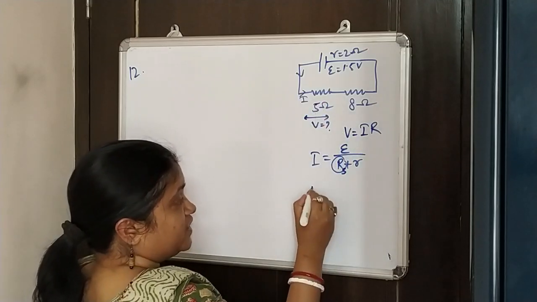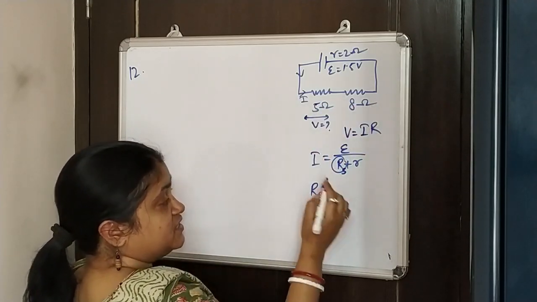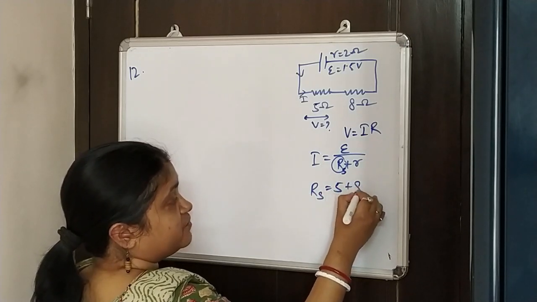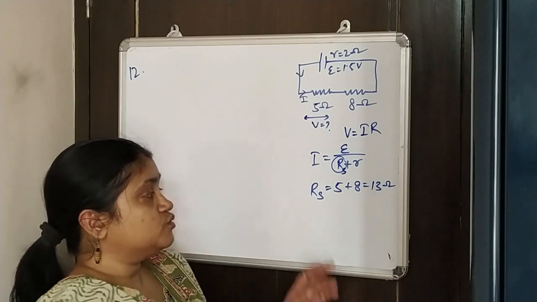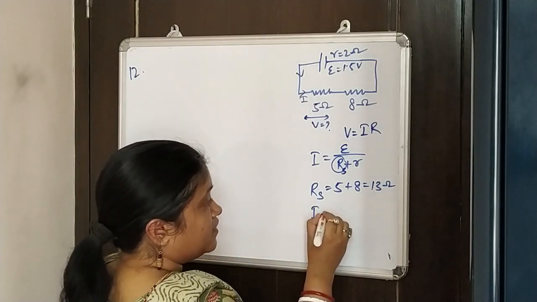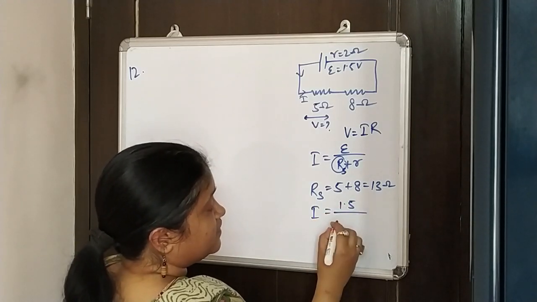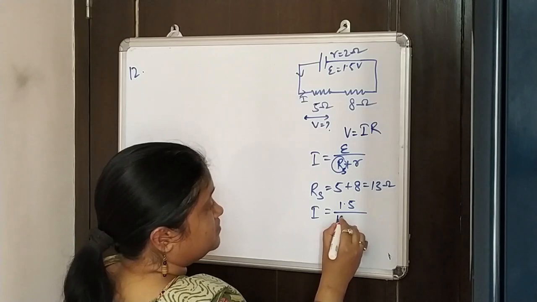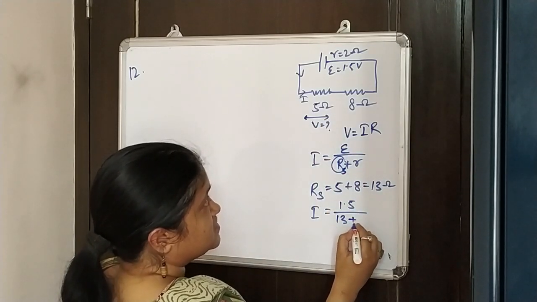So if I have to find what is RS, because these two are in series, this becomes 5 plus 8, 13 ohm, right? So my RS is given, so I can find current I. I is epsilon 1.5 divided by 13, that is RS, and internal resistance is 2.